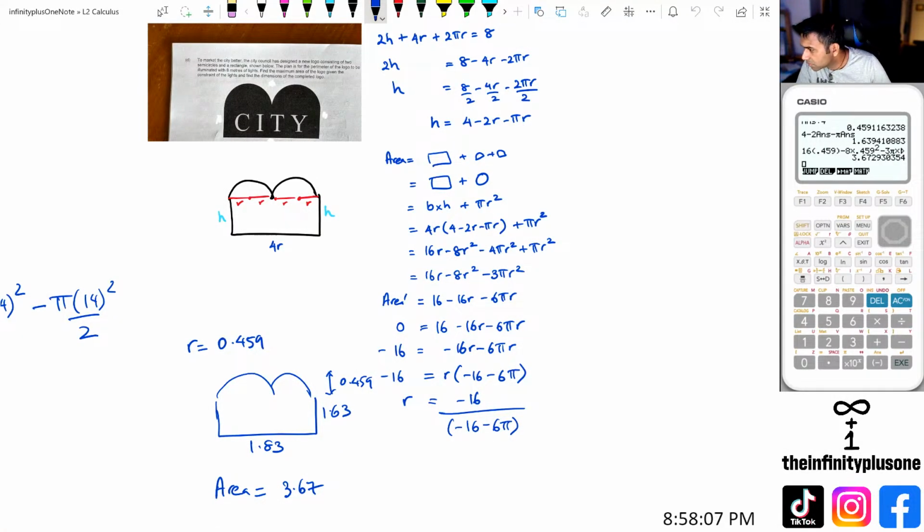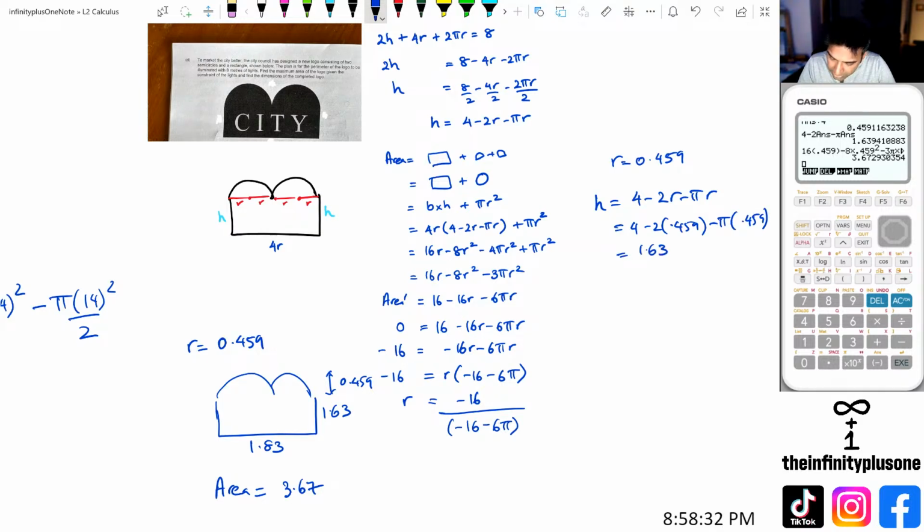Right, so for that, what was the last question? The 1.63 was just the height. So I worked out the height equals 4 minus 2r minus pi r. Because r was equal to 0.459, I went 4 minus 2 times 0.459 minus pi times 0.459. That gave me 1.63.